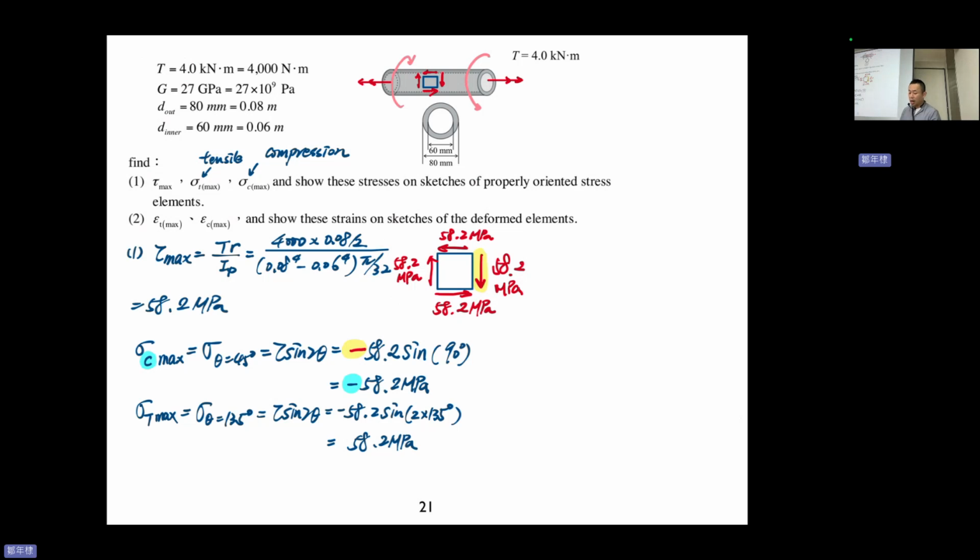This time it becomes positive because sine 2 times 135 degree becomes minus. Okay, so minus minus becomes positive. So it's tensile. All right, so now we are going to draw the element.